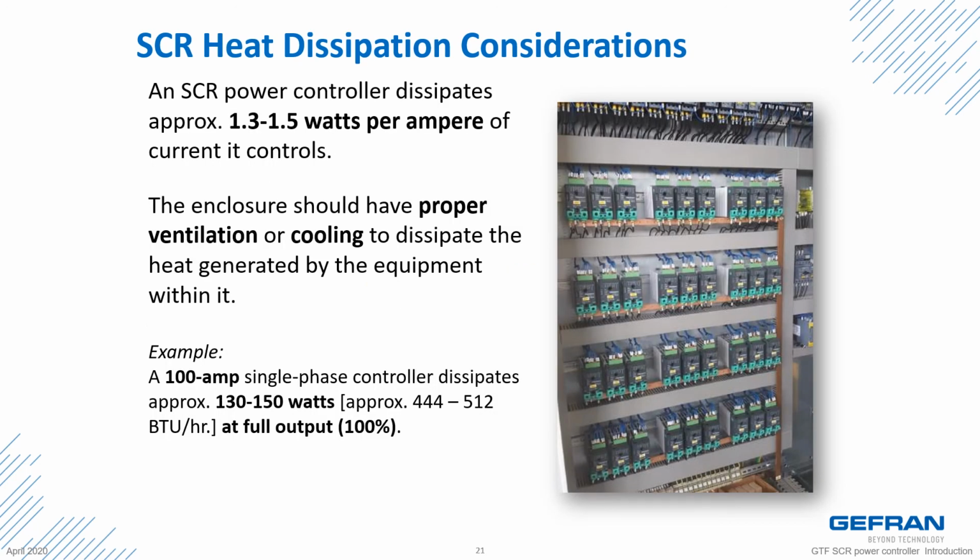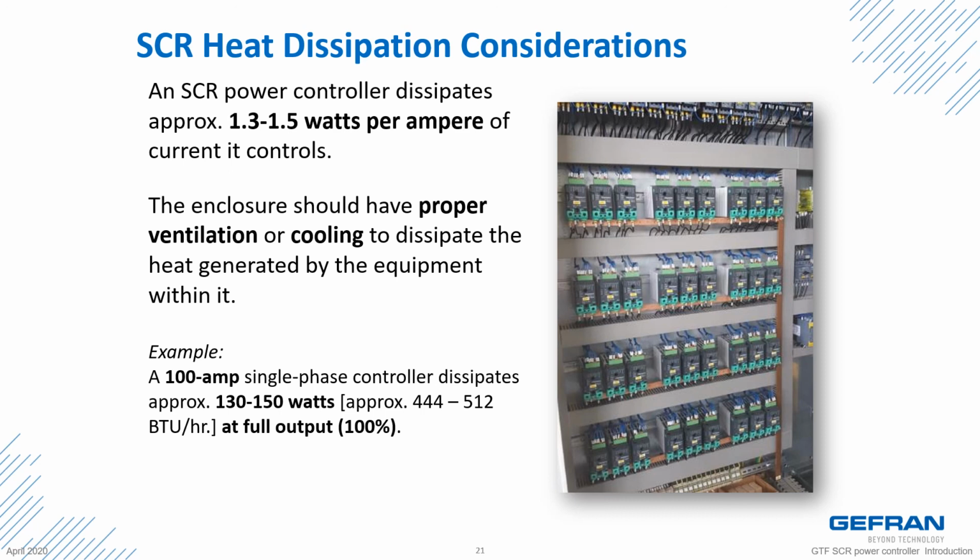It's important to understand that all SCR power controllers dissipate heat energy in watts. It is approximately 1.3 to 1.5 watts per ampere of current that the SCR controls. Quite often, multiple SCR power controllers, along with other heat-generating electronics, are installed in electrical cabinets.